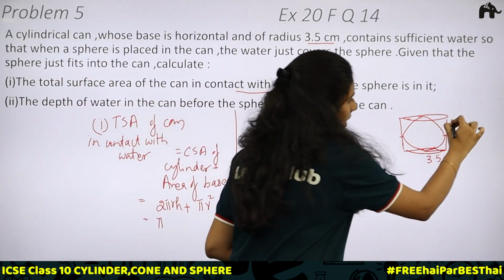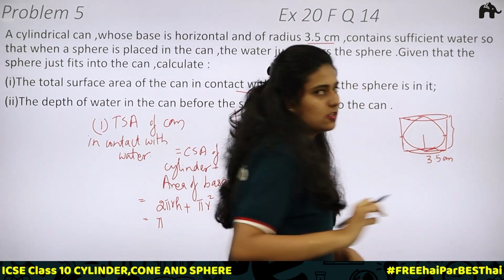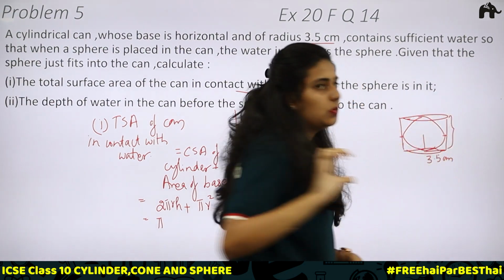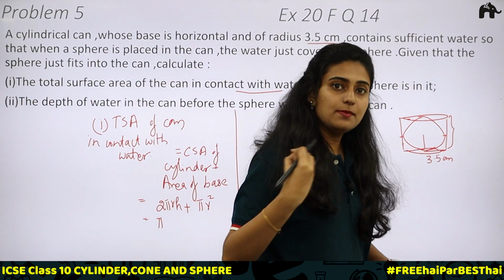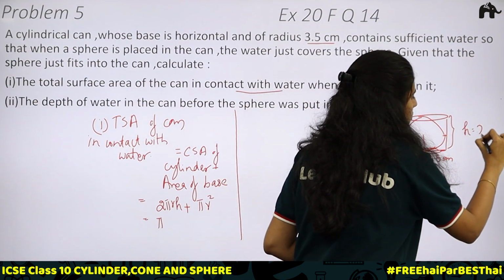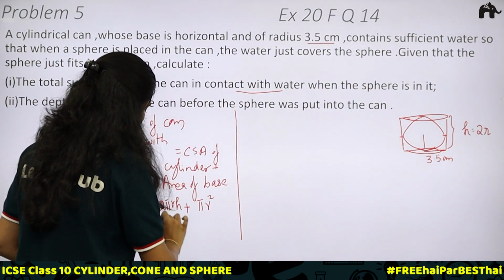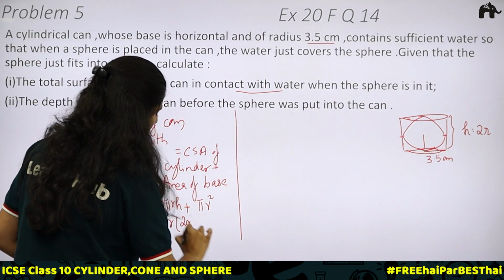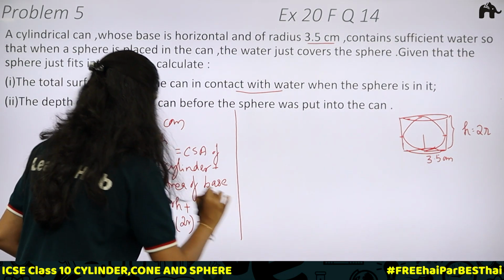This is the height of the cylinder, right? Here we know this part is the radius of the sphere. Here we get the total height equal to the diameter of the sphere, that is 2 times radius, 2r. Therefore, height will be equal to 2r. So, 2 pi r into 2r, in place of height I am giving 2r, plus pi r square.